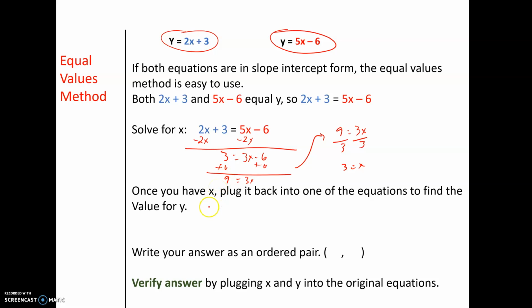I'm going to plug it into the first one. y equals 2 times 3 plus 3, and 6 plus 3 is 9. So my x was 3 and my y was 9. We can verify this by plugging the x and y into the other equation to double check it. So I'd plug 9 into y and 3 into x, and I would get 15 minus 6 is 9, and it would work.